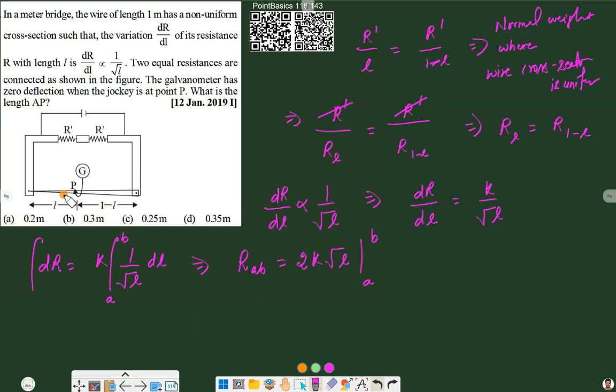So for up to length L, we will start from 0 and go up to L.